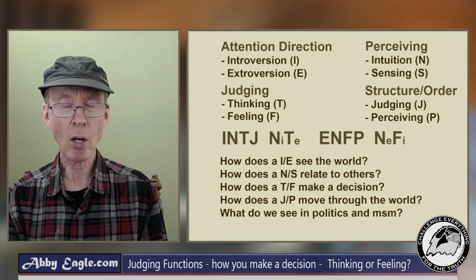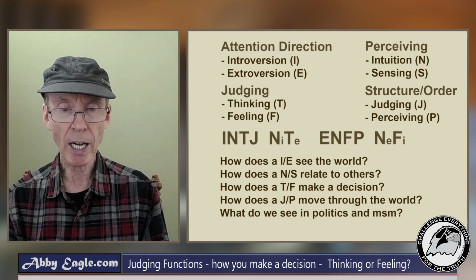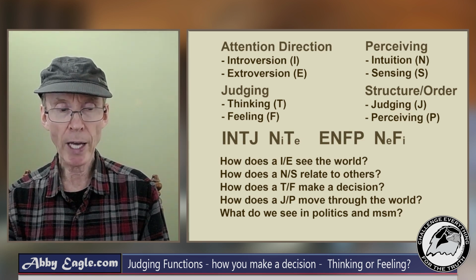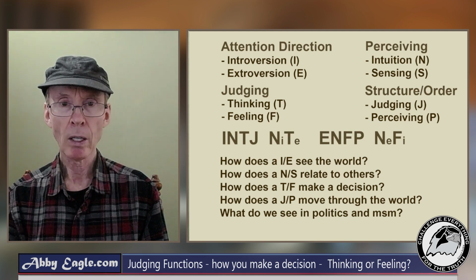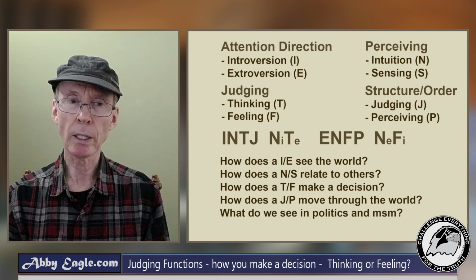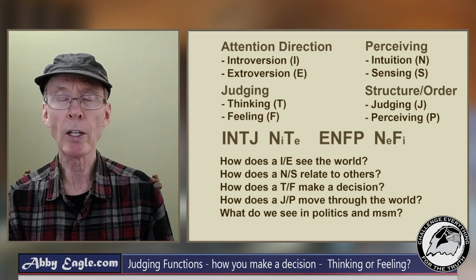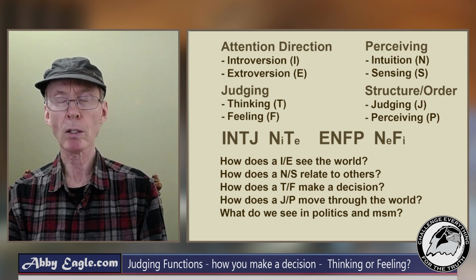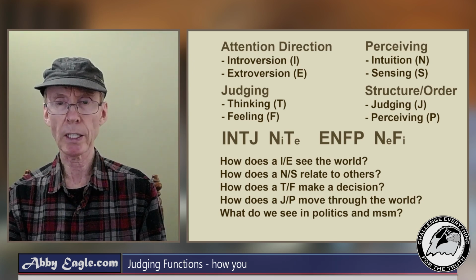And this isn't because the feeling person's a nicer person than the thinking person. It's just that they find it uncomfortable if they behave differently to the other person. So that's how you make a decision, based on facts and logic or feelings.